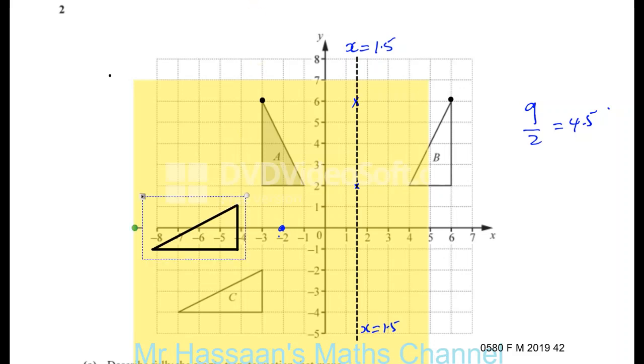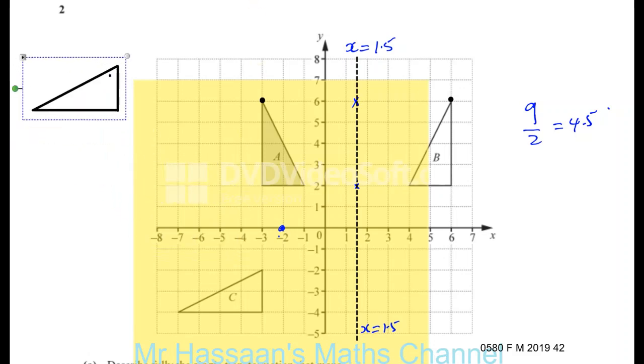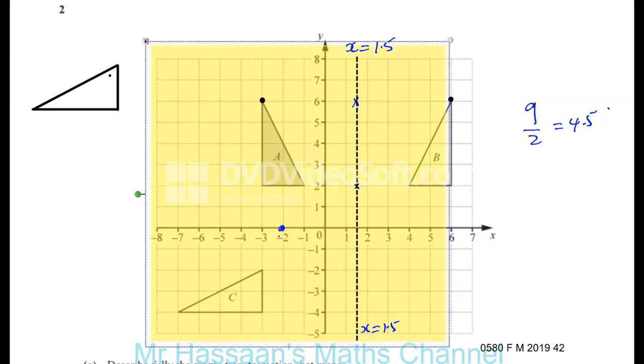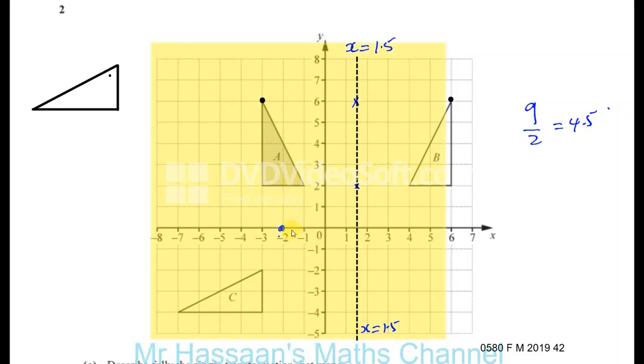Yeah, that's fine. So I'm going to choose another point for my center of rotation. I'll move my center to say over here. Let me see if that works. That means I've got to go 6 here and 7 there.